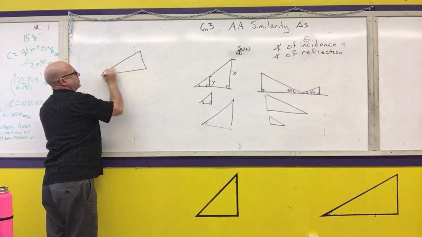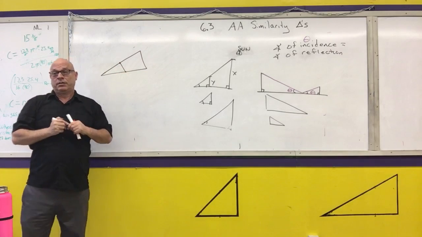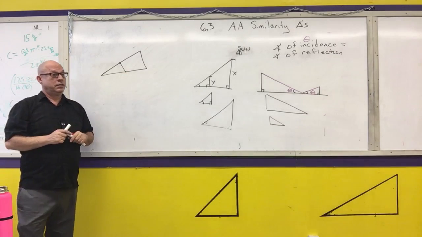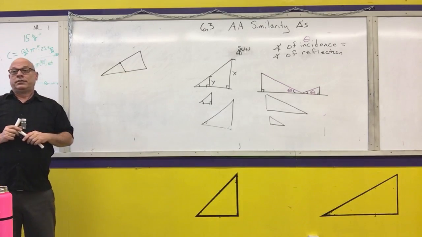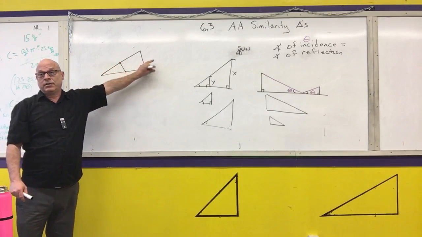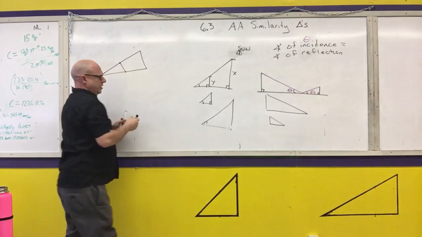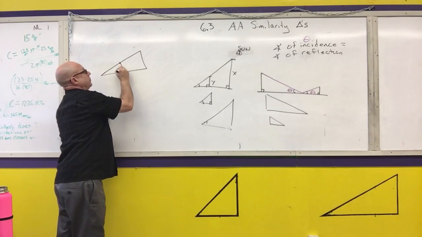If that's the midpoint and that's the midpoint, what are the two pieces I know about that midsegment? What, Sean? We know this midsegment is half the distance of this, but there's also a relationship about the directions of these lines. What's that relationship? They're parallel.